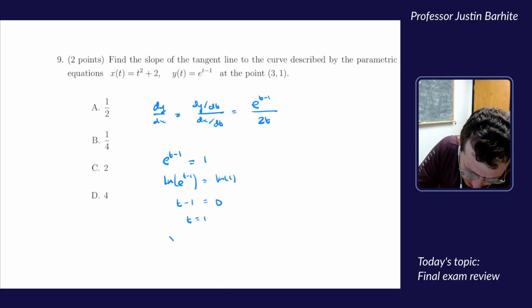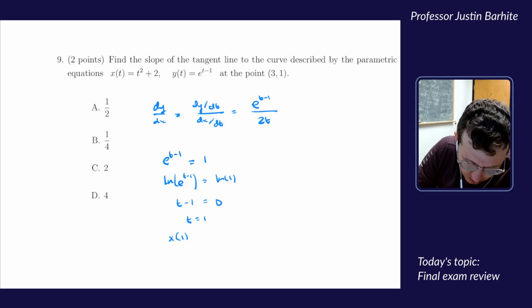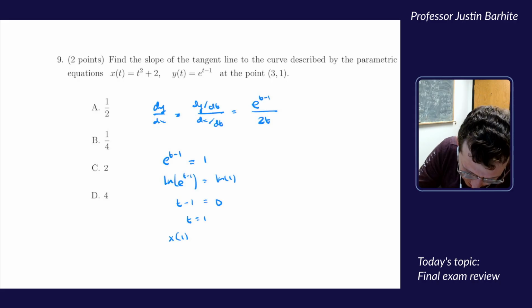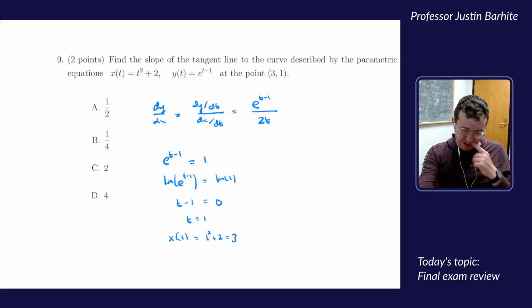And if we confirm by plugging t equals 1 into the x equation, we get 1 squared plus 2, which is 3, as we expected. Okay, so t equals 1 is the time when we pass through the point (3, 1).